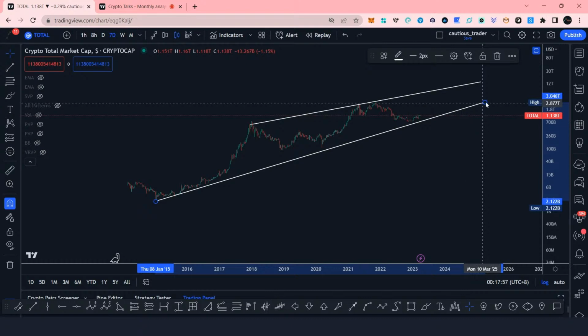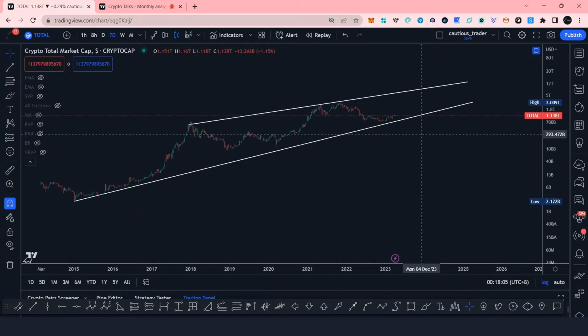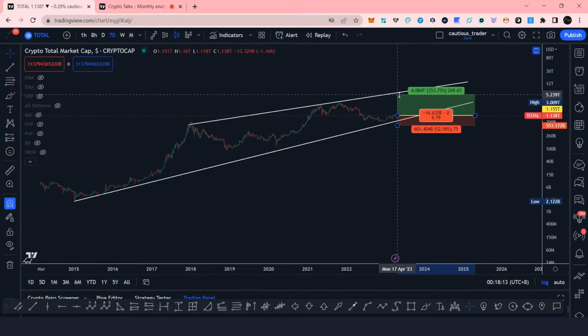And actually, also set an alert. Para siyang Ethereum, no? Which is close to support also. Kasi 10.42 yung possible risk reward ng Ethereum, no?